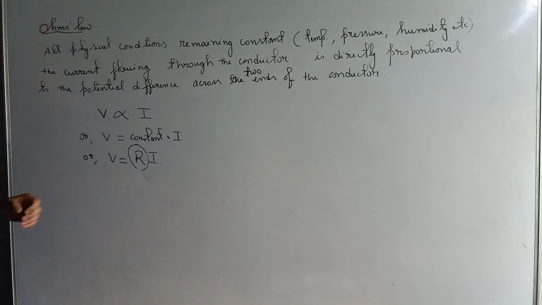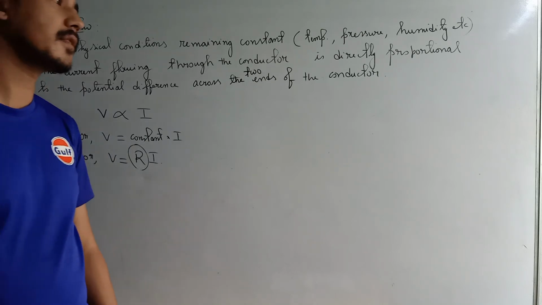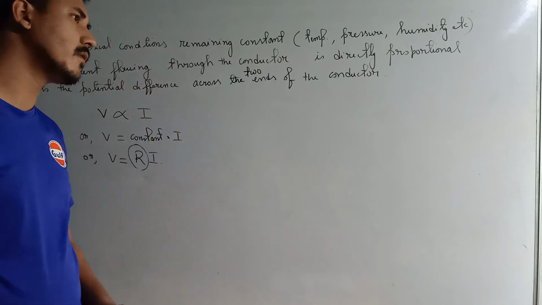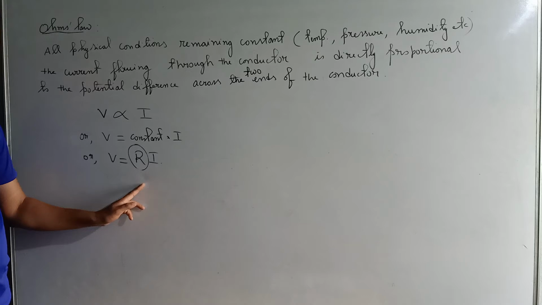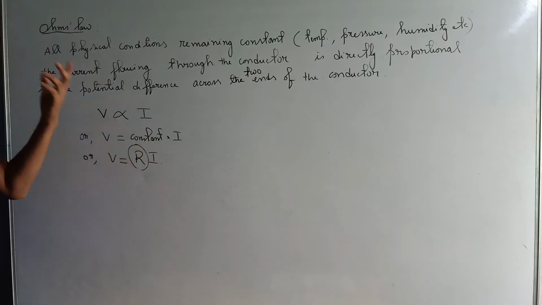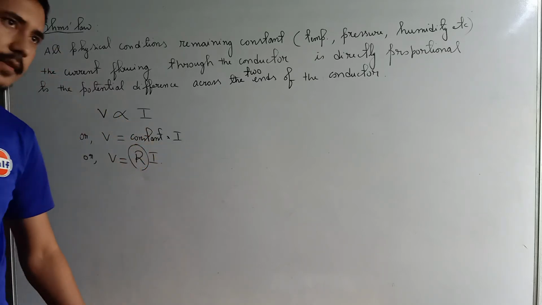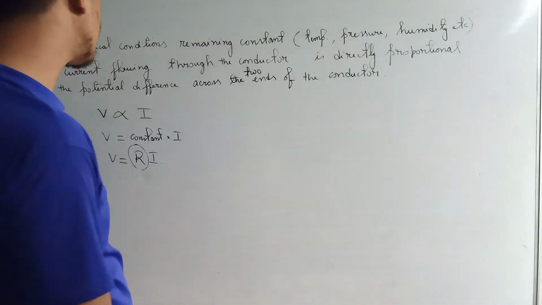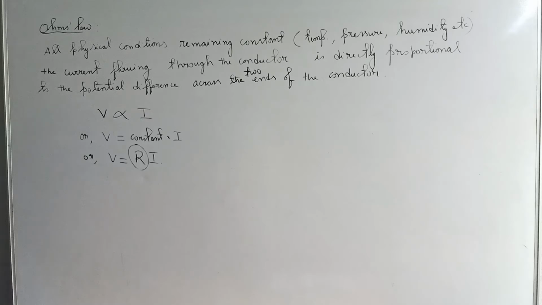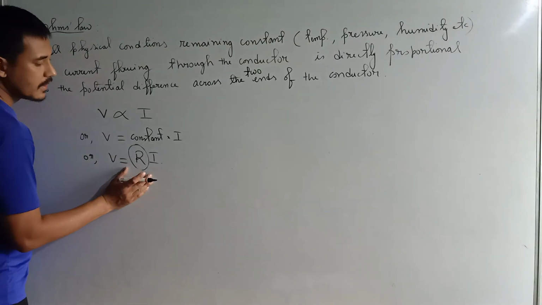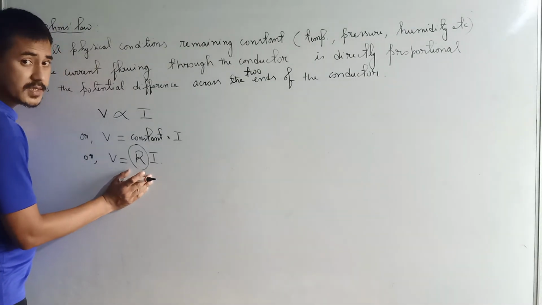Alright? So for an ohmic conductor, meaning those conductors which obey Ohm's law, the resistance should always be constant. So resistance is constant only for an ohmic conductor. Or else, in other cases, in general, resistance is not always constant.